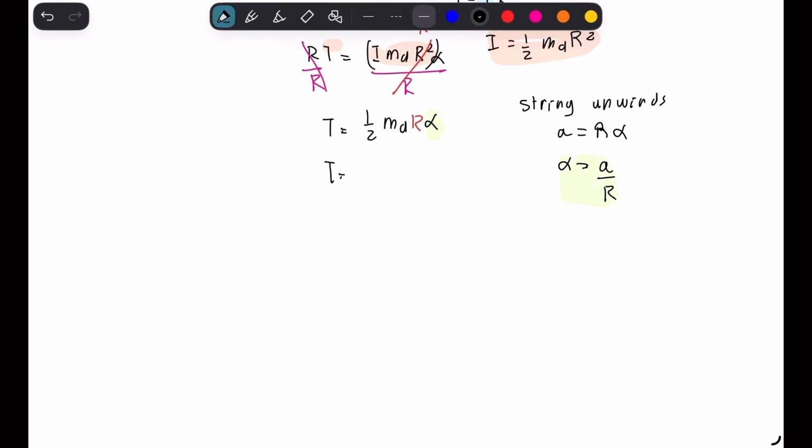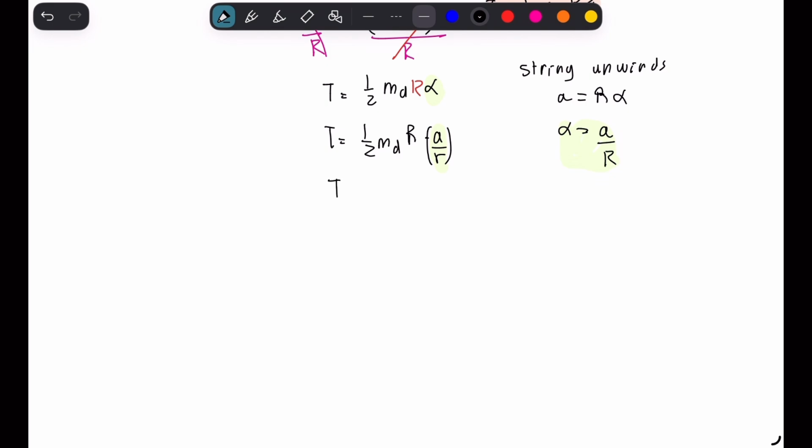So our tension force is 1/2 mass of the disk times R times a over R. And you could also just write this as T is 1/2 mass of the disk. This is large R. What we see is that large R is going to cancel out. So this is just the mass of the disk times linear acceleration.